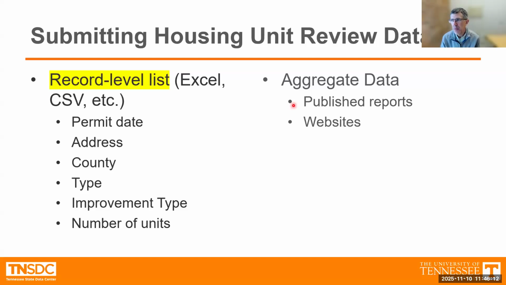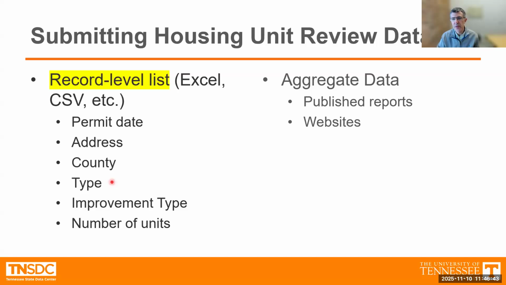So this is probably not as preferred as the record level list, where you take information directly out of your building permit system, put it into an Excel sheet, a CSV file, or something along those lines with, at a minimum, this information: the date of the permit, the address of the permit, the county where that permit is. So that's especially important on those multi-county jurisdictions.